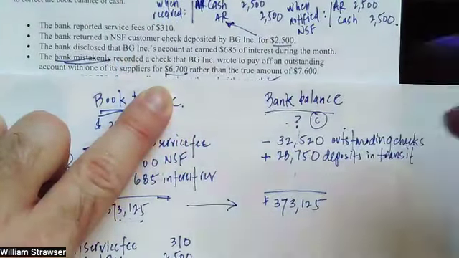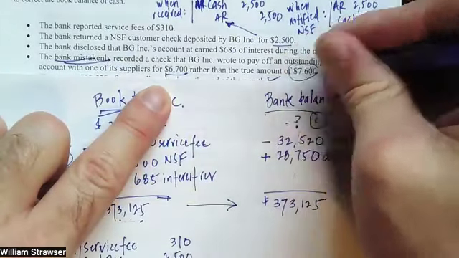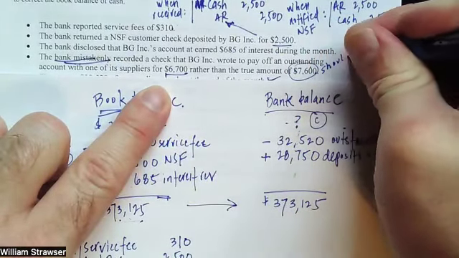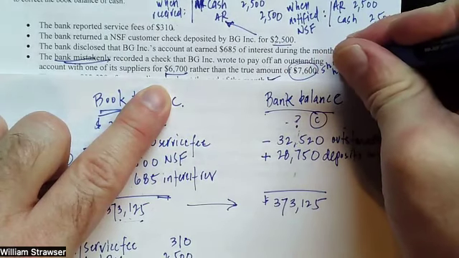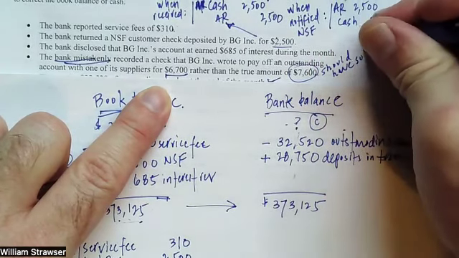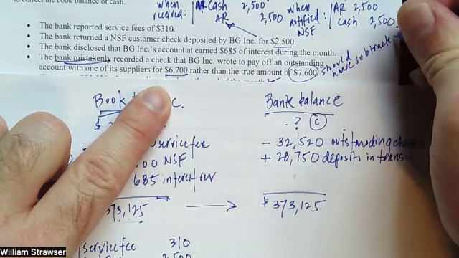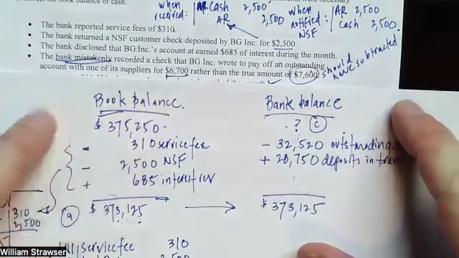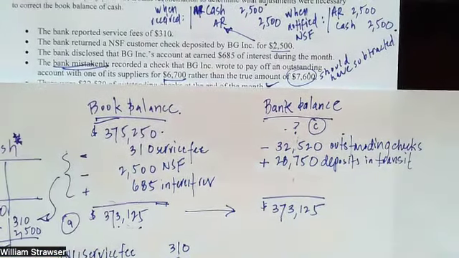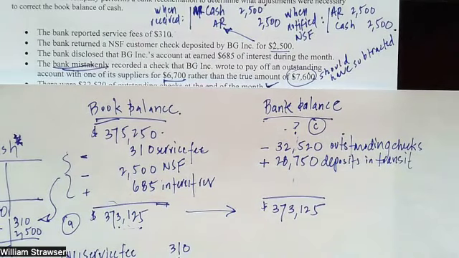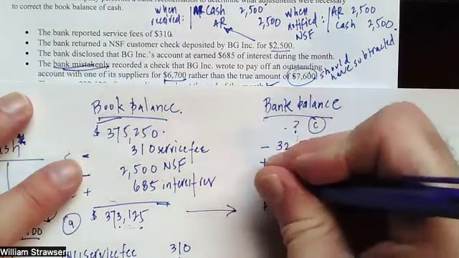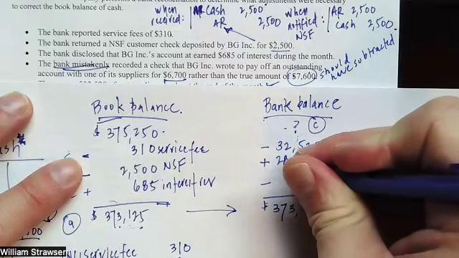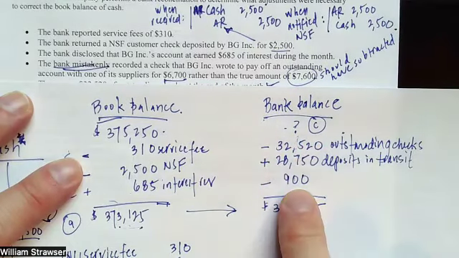They should have subtracted this much. So they need to take more money out of our account since it's a check that my company wrote to pay off a supplier and the bank only took $6,700 out. It should have taken 7,600. So we need to take 900 more dollars out of my bank account to hit the true balance.